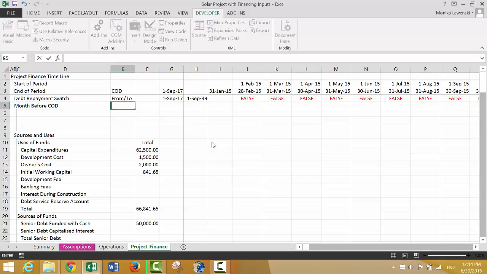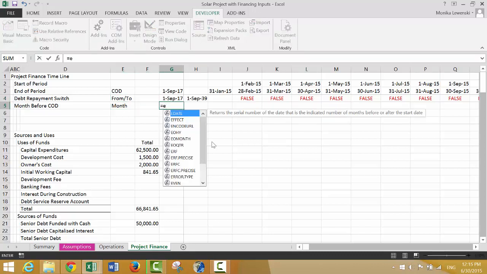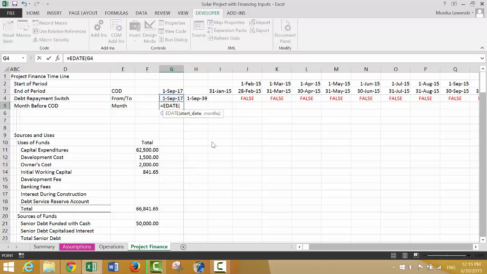We'll put month. Okay, and we could put equal date, and since we're using the beginning of the month, we can just put a -1. Again, what we do is put this one F4 equal to this one F4 a few times.